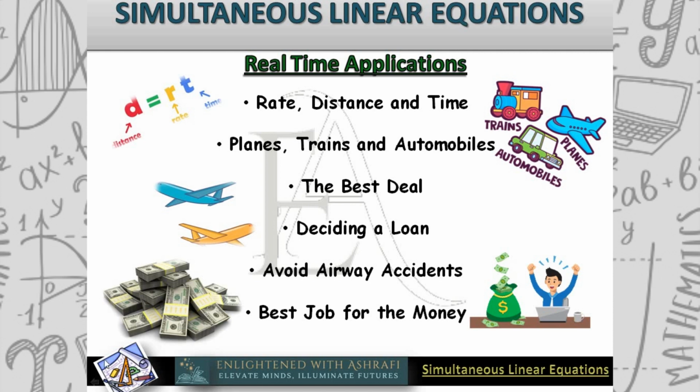The air traffic controller can use simultaneous equations to ensure that no two aeroplanes intersect at the same time. Similarly, the best job for the money. On the basis of the offers that you receive, by using simultaneous equations, you can find out which company is offering you the best job.